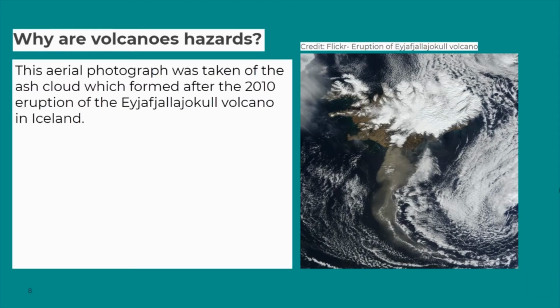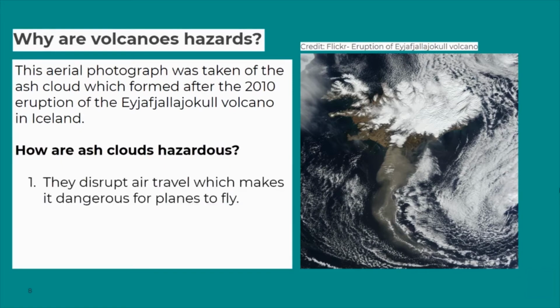Okay, so what I'm hoping is that you've been thinking about this. Ash clouds are hazardous because they disrupt air travel and it makes it dangerous for aeroplanes to fly. Now, after the eruption of the Icelandic volcano in 2010, aeroplanes were not allowed to fly across Europe for 5 days.